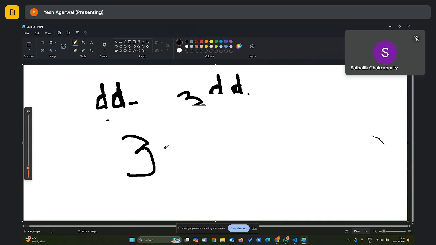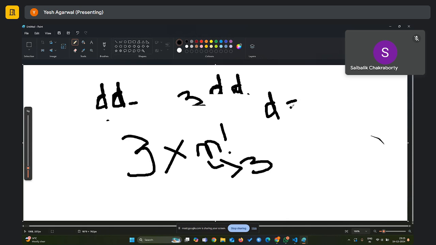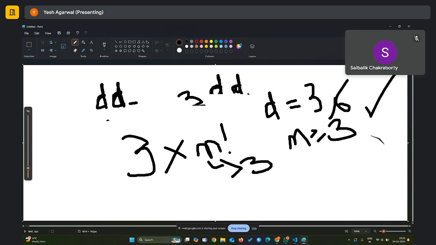In order to make it divisible by 9, we only need one 3 in n factorial, right? Of course, if the number is greater, it will be more beneficial. But even if we access one 3 from here, it will be divisible by 9. So the condition changes for d equal to 3 and 6, because 6 also has a factor of 3 inside it. For 3 and 6, if n is greater than or equal to 3, then it is also valid for 9. So this is the condition for 9.